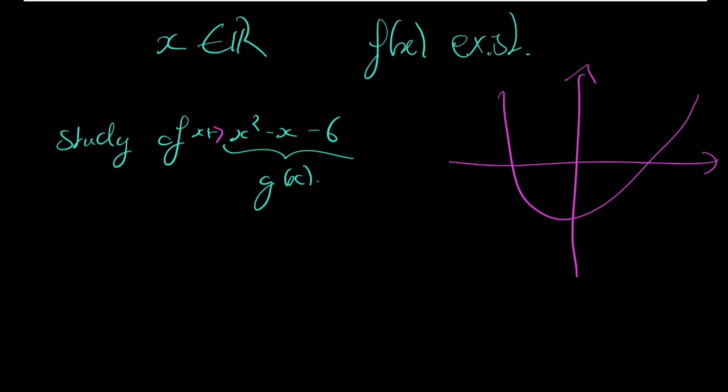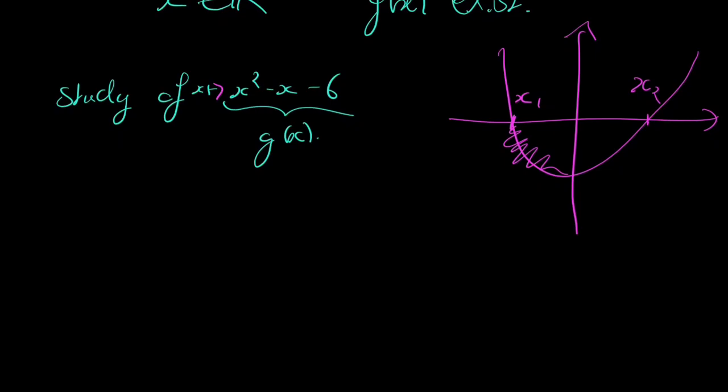And so the negative part of this function will be between the roots x1 and x2 if this polynomial has two roots. And this will be the case, we'll see that.